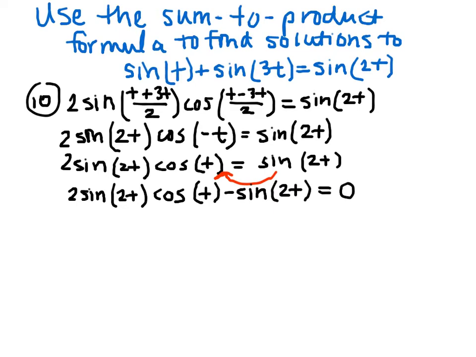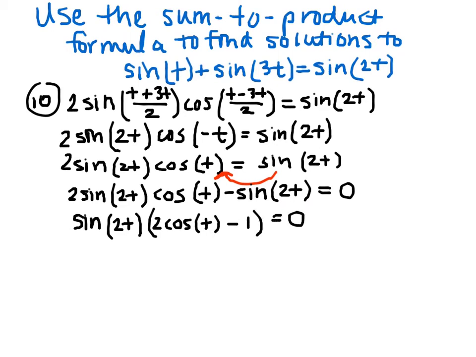And we have an equation equal to 0, and we need to find the solution. So what we want to do is have multiplication on the left-hand side if we can. So we really want to pull out that sine of 2t and have that multiplied to 2 cosine of t, which is left from the first term, and then we have a minus 1 for the second term.